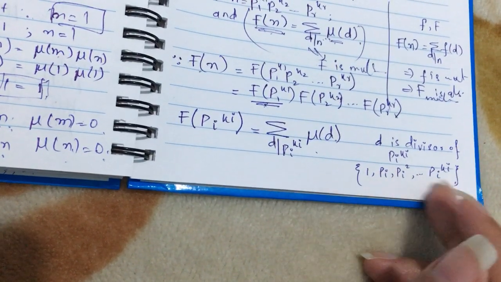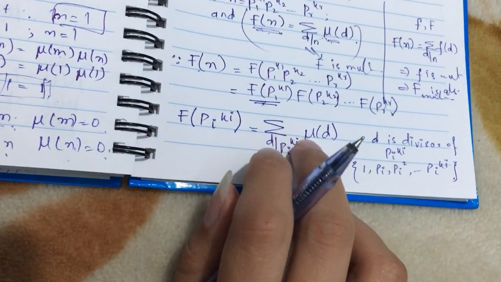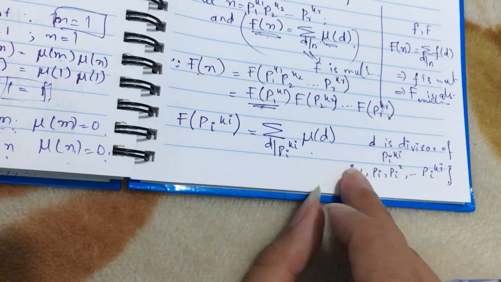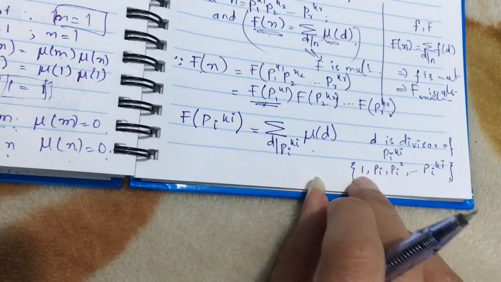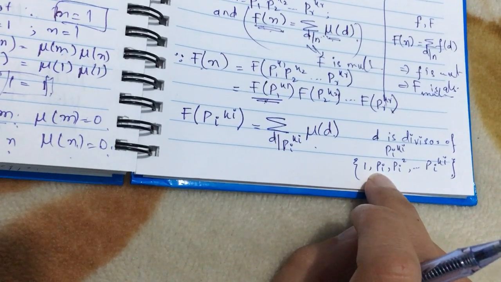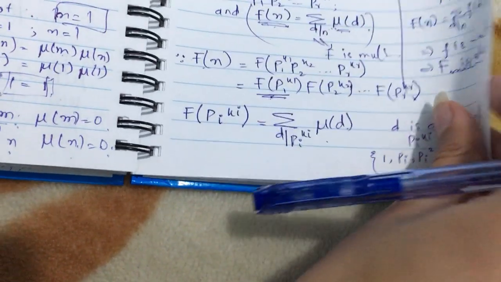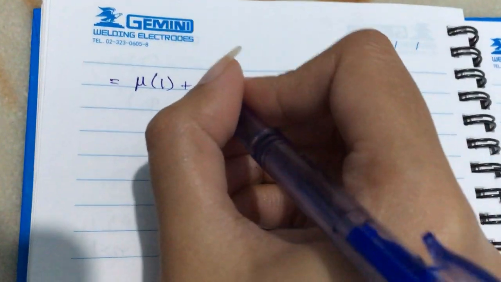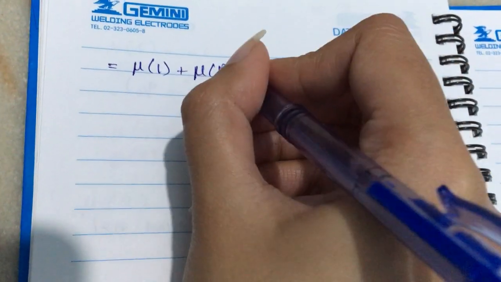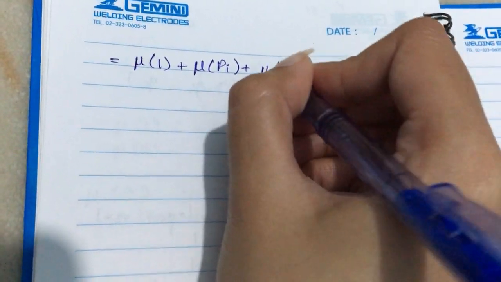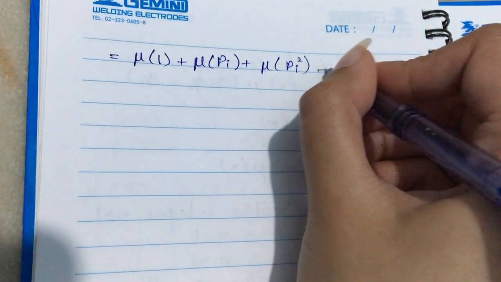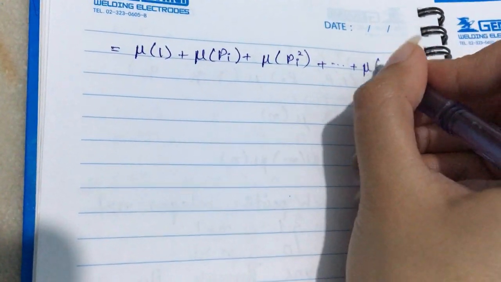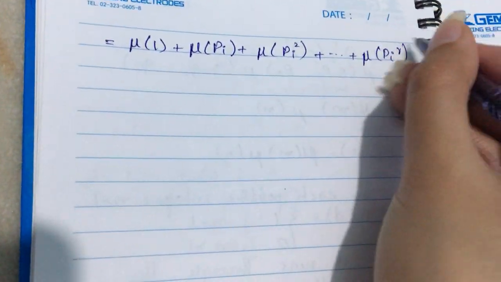Divisors are like this. So I can write this sum in the form of the divisors, as mu of 1 plus mu of pi plus mu of pi squared plus up to mu of pi ki.